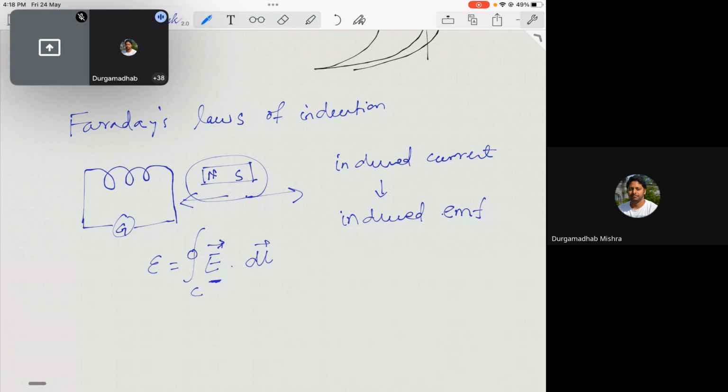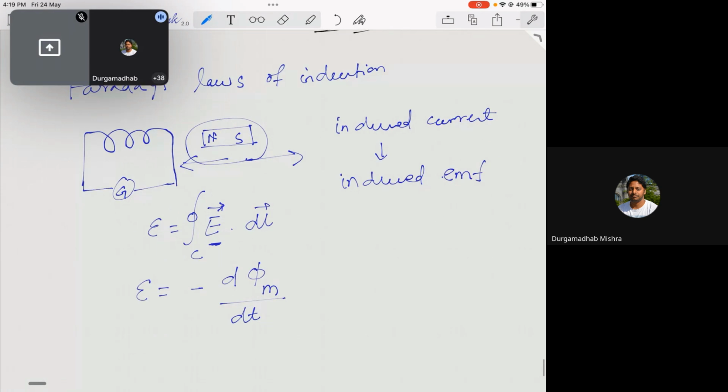Now, this induced EMF is related to the rate of change of the magnetic flux. This is how Faraday quantified his observation.